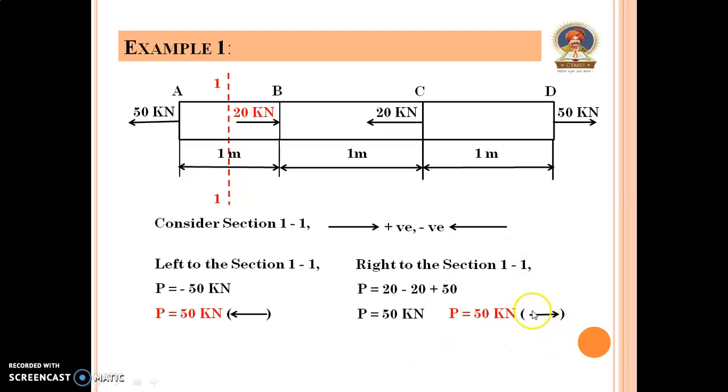here. So once again we have drawn this AB portion or AB region. This is left hand side of that region and this is right hand side of that region.